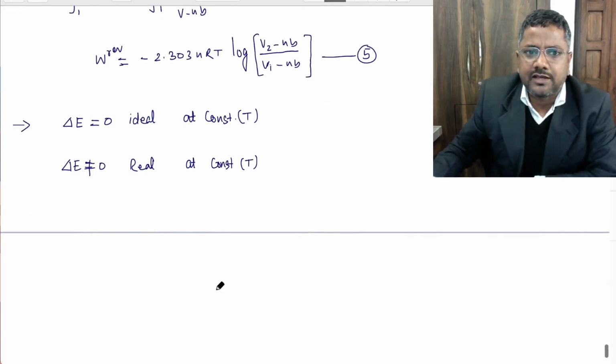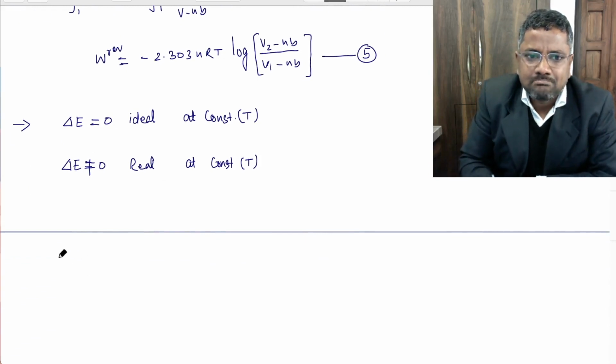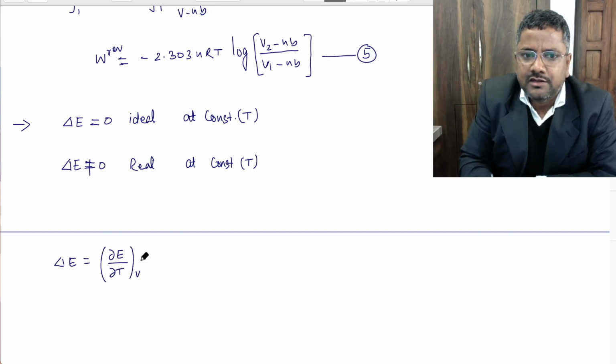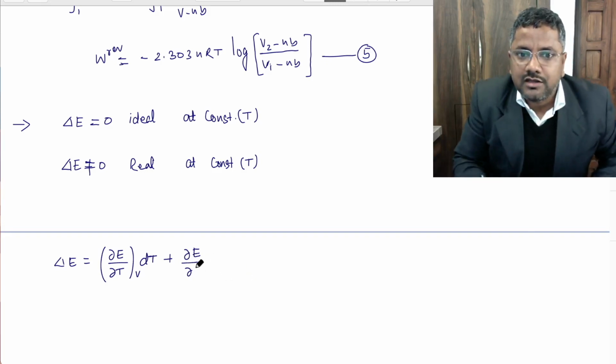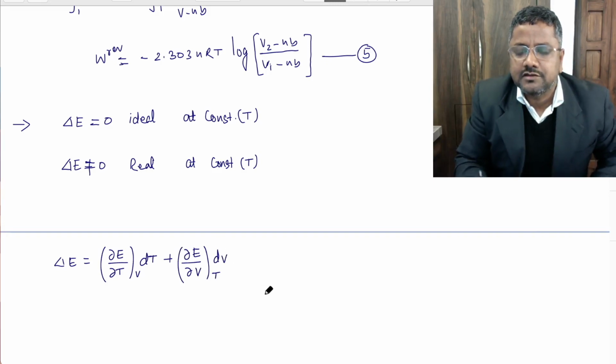So we have this formula, delta E. I have already told you, delta E is equal to del E by del T at constant V, delta T, plus del E by del V at constant T, dV, right?